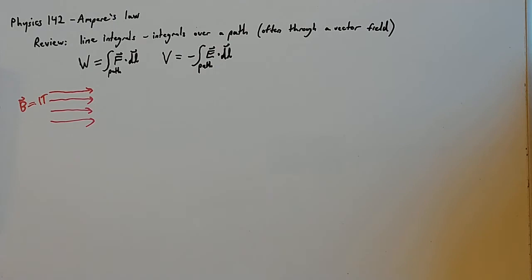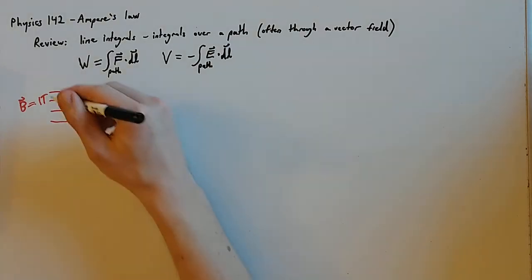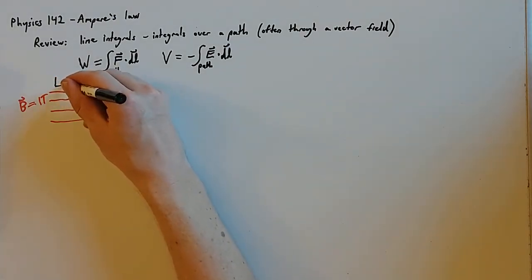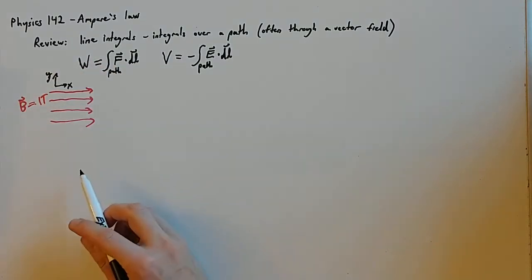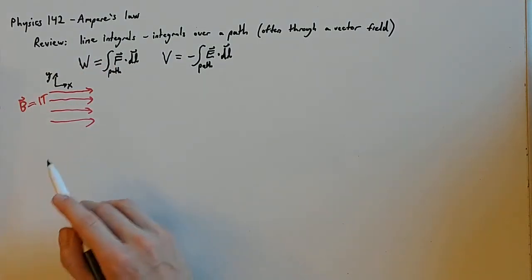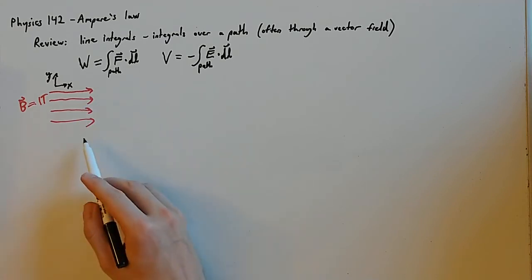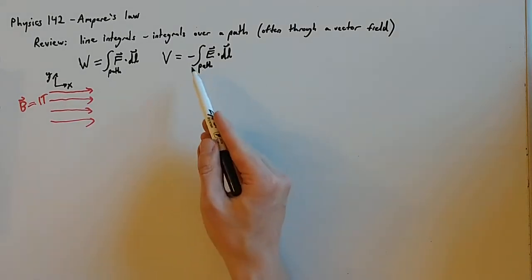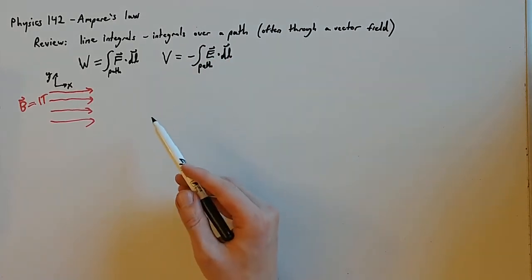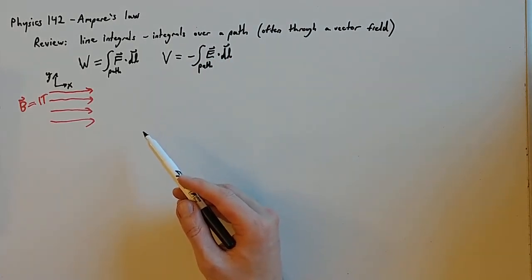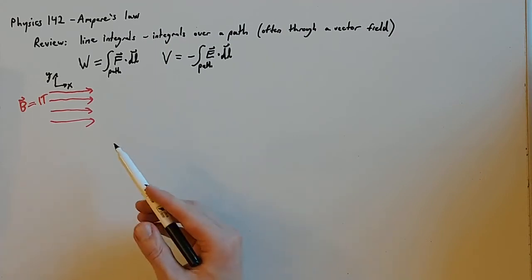Now, maybe it would be useful if I chose some coordinate system, right? So let's just choose an X, Y coordinate system here. And you might imagine that I could walk in some path through this magnetic field, just like we walked a path through the electric fields with potential, right? So let's think about walking some path through a magnetic field.